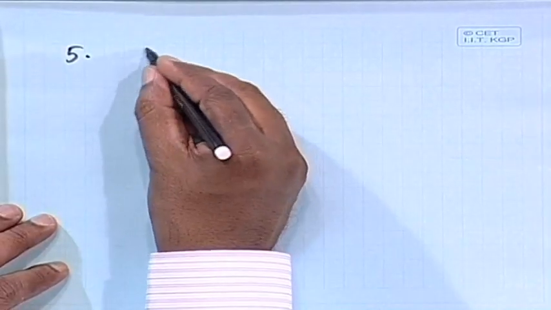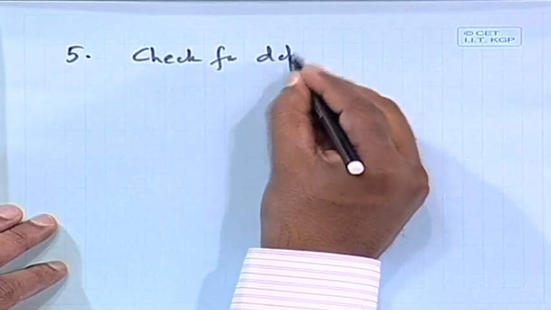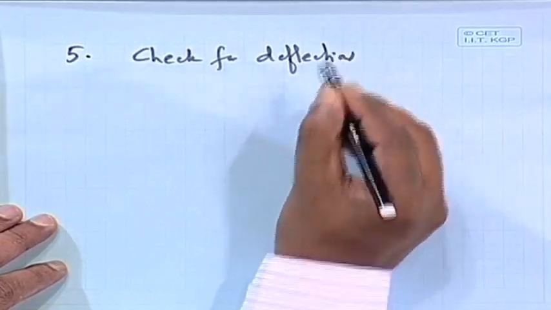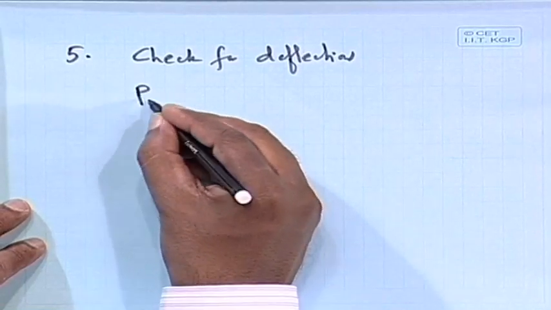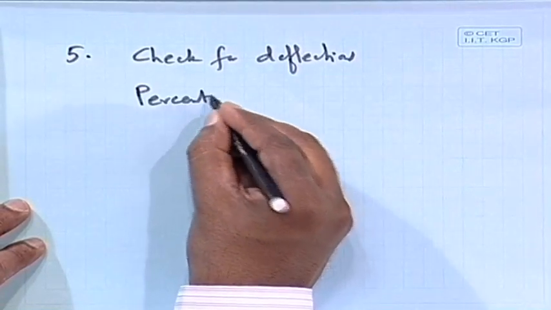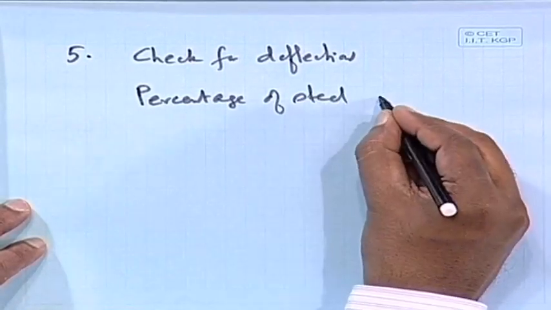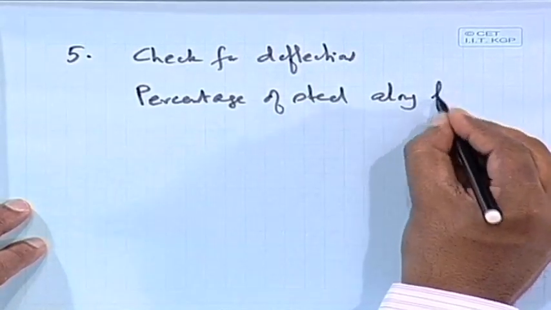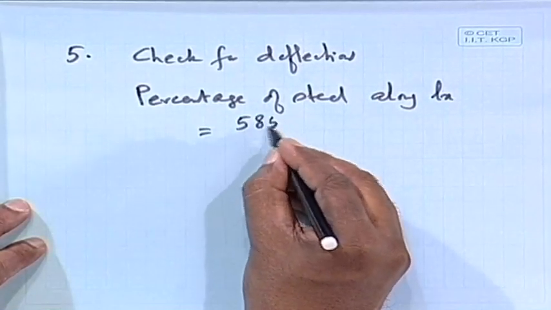Now, the next part is the check for deflection. Percentage of steel along Lx. Which one shall we take?